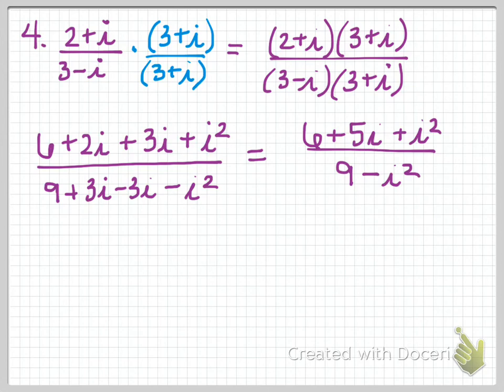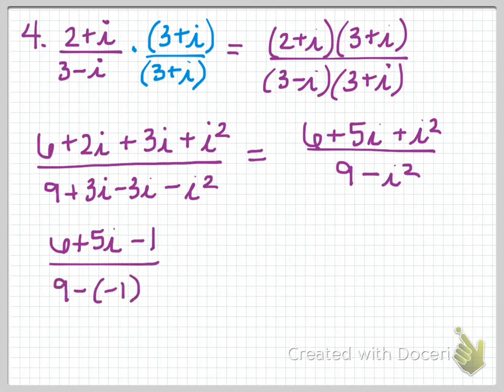Now, when we simplify the i squareds into -1, we get 6 plus 5i minus 1 over 9 minus -1. So this gives us 6 minus 1 is 5 plus 5i over 9 minus -1 gives us 10.